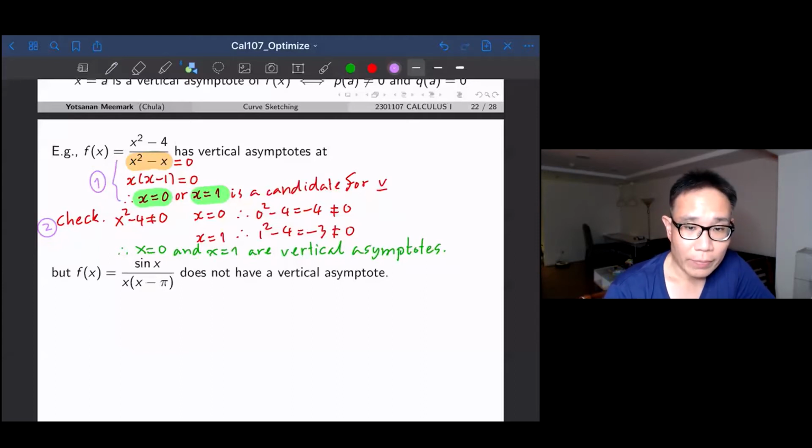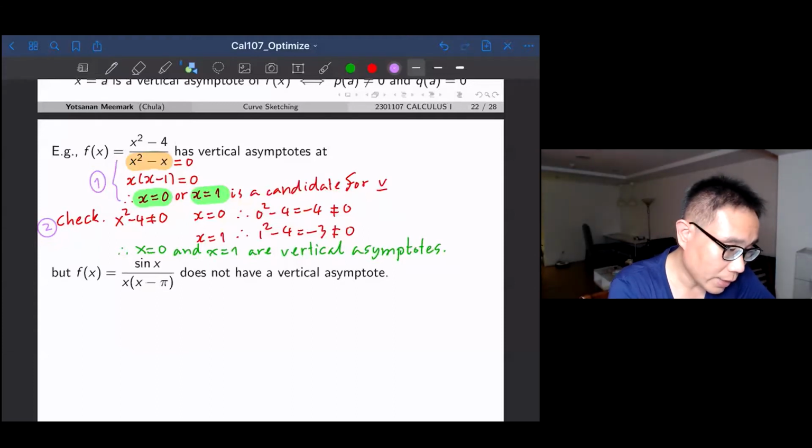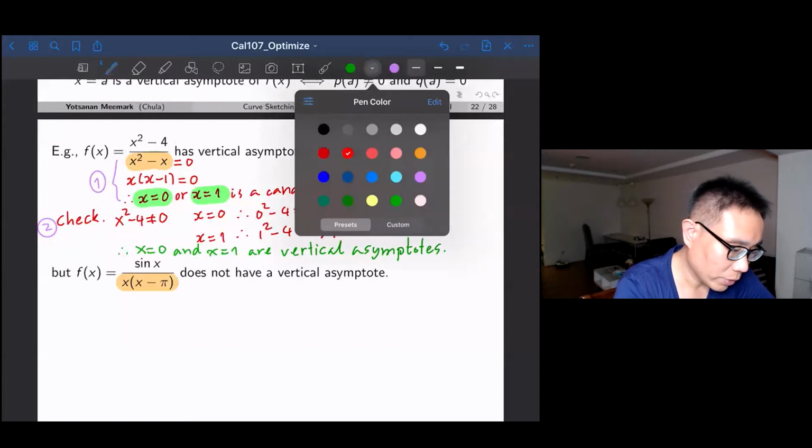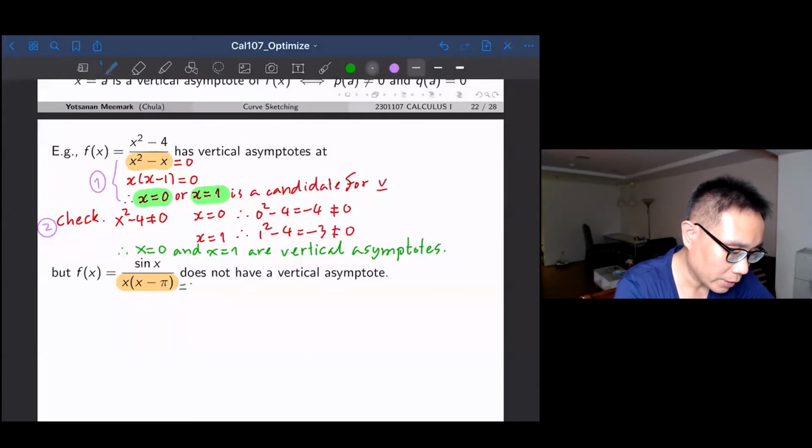However, sometimes you see that if you have f(x) equal to sine x over x times (x minus pi), this thing does not have a vertical asymptote. Your candidates for vertical asymptote turn out to come from the bottom guy. If you have the bottom guy equal to 0 and solve for x, you're going to get two candidates, which are x equal to 0 or x equal to pi.